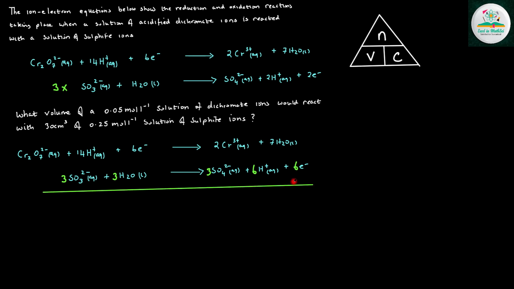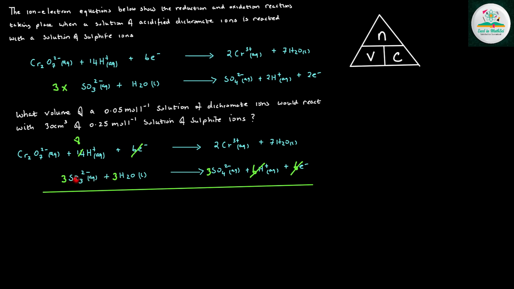Now that I've got the 6 moles of electrons, the electrons are balanced, so the next step would be to cancel out the electrons. So I would cancel both of these electrons on either side. Now I have 14H plus on this side, and I also have 6H plus on this side. So I'm going to cancel the H plus and subtract 6 from this one, and that will leave 8H plus on the left hand side.